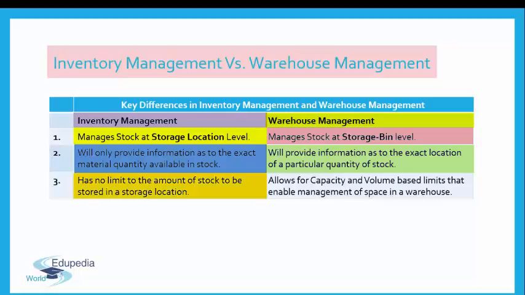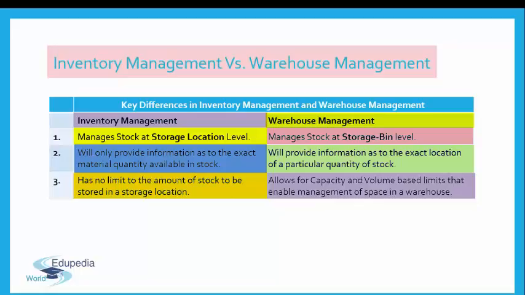Storage locations in inventory management basically have no limit to the amount of stock that can be stored within them. This makes it very difficult to track limits, because in a practical situation, we don't have infinite storage capacity, but we actually have limits that we need to observe in order to give us an accurate overview of the situation within a warehouse.